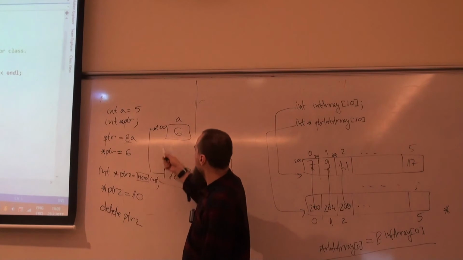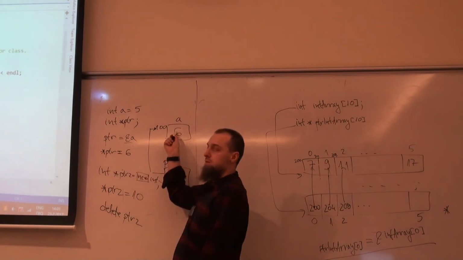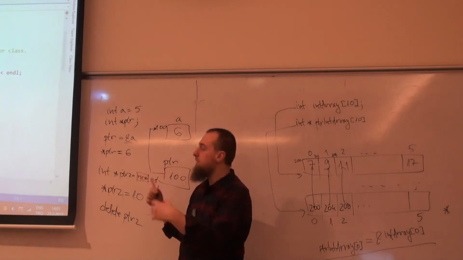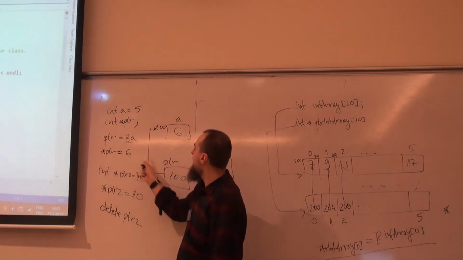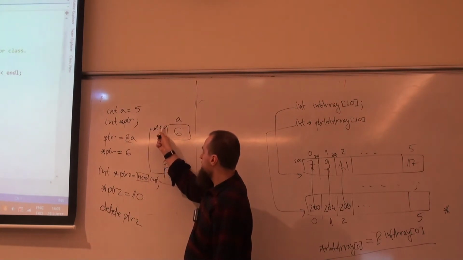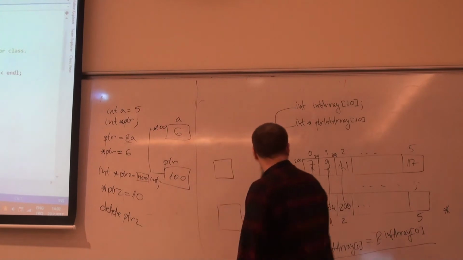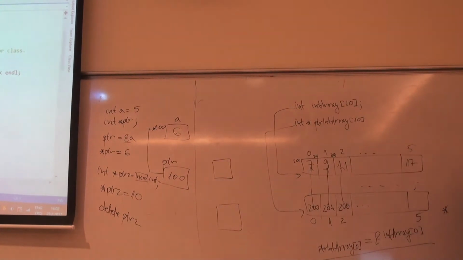If I want to change the value to which the PTR is pointing, to access, change it or read it, I just say star PTR, meaning that 100 is PTR. So it's pointing here. Star PTR at 6. Okay? The same logic applies here.